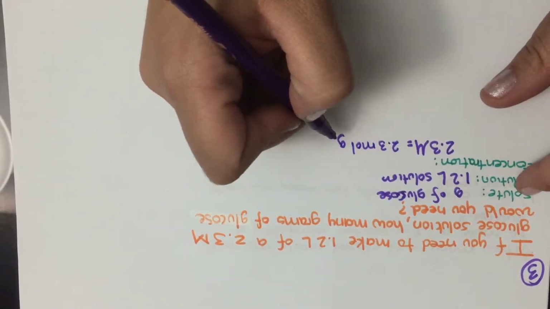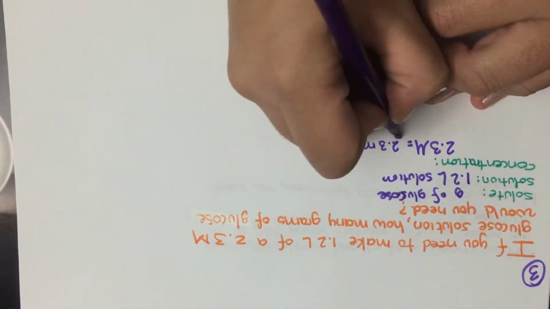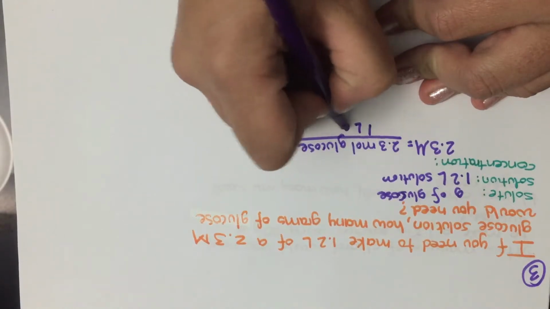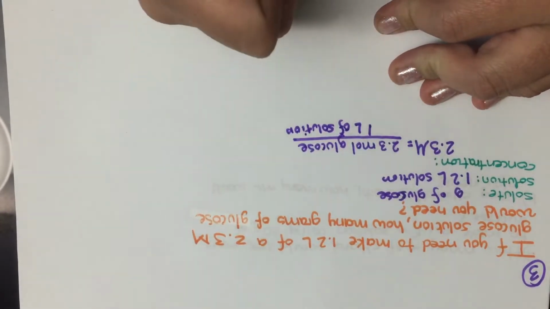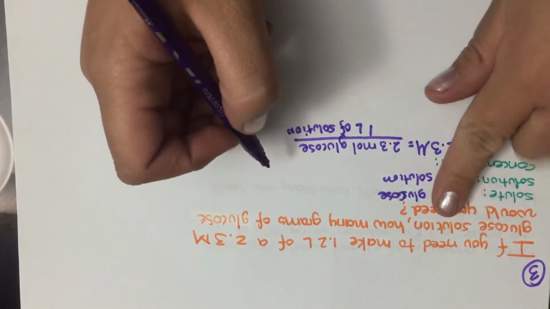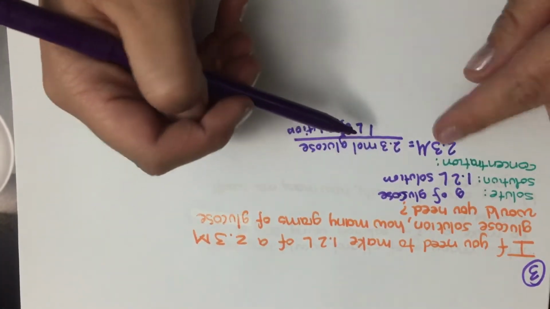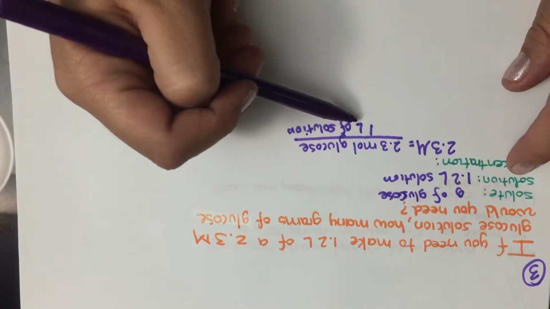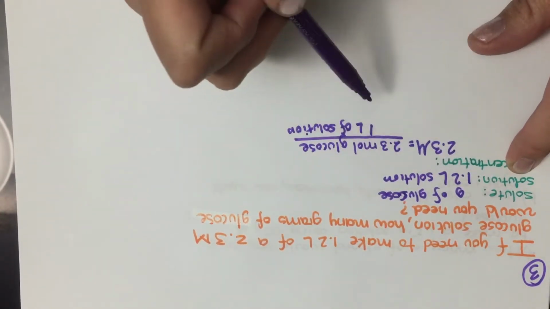Solute is always on the top, okay? Over, or for every, 1 liter of solution. Okay, so we did not use the numbers over here, just the descriptors here. So what this means is that you need to get your solute to moles and your solution to liters. Okay, luckily here the solution is already in liters.